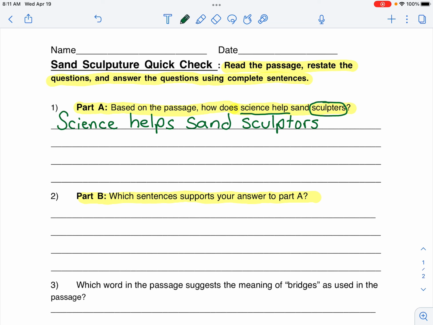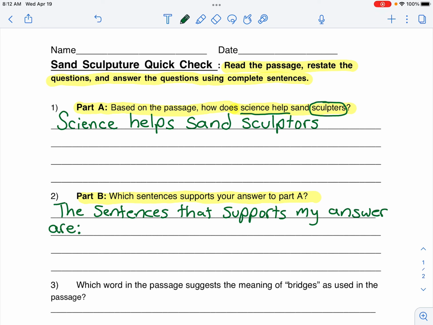So let's go ahead and restate it. The sentences that support my answer are, we're going to put a colon, and then we're going to put the words that we grab from the text in quotations because we're borrowing them from the author.